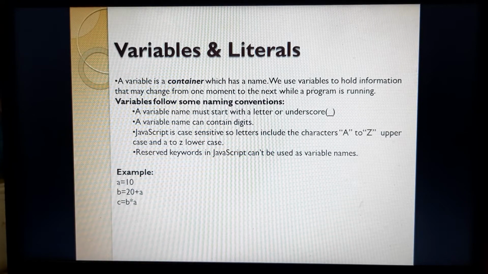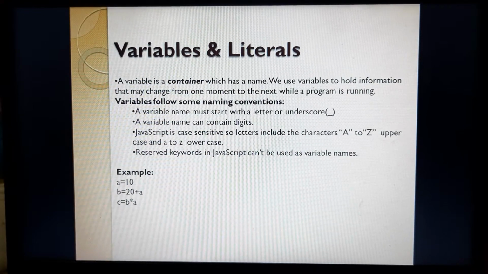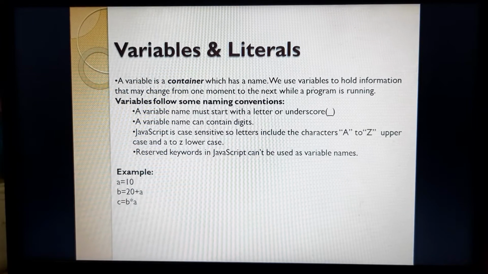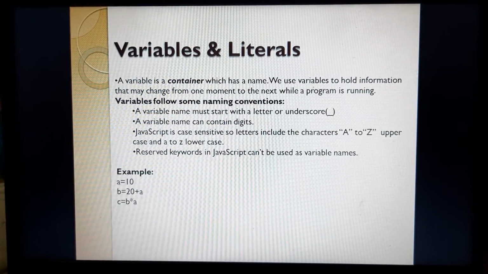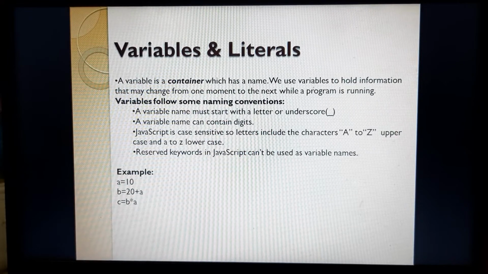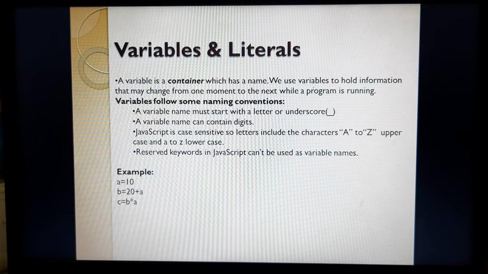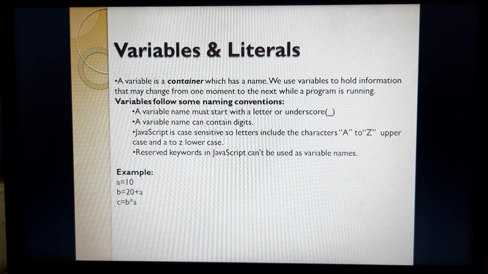So here in the example you can see we have a equals to 10, b equals to 20 plus a, and c equals to a multiplied by b. Now in this example we have used three variables a, b, c.